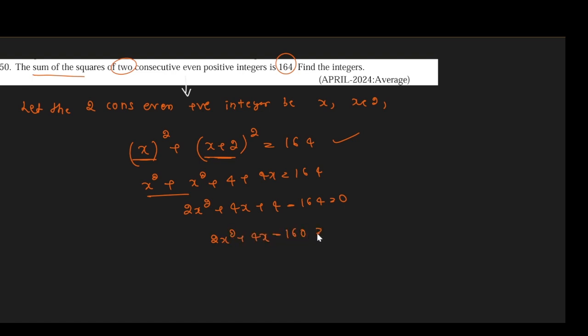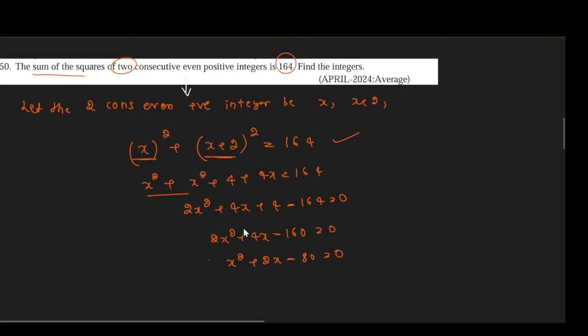The rest of the things is all about solving the quadratic equation. If you take 2 out as the common factor, then you will be left with this one, right? If you take 2 outside, you are left with this equation, and if you solve this, you will get the value of x.